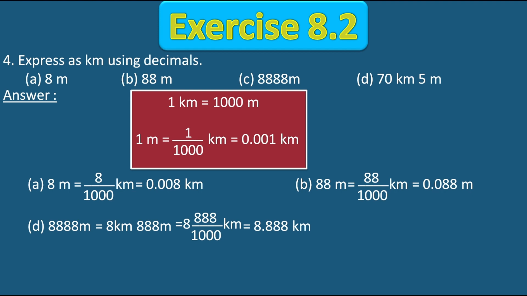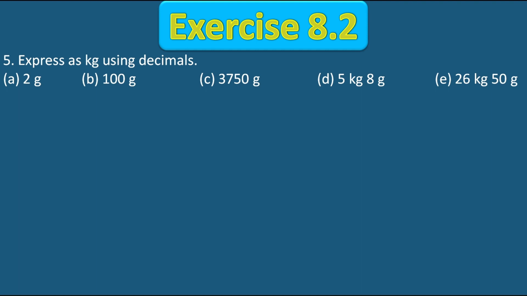Next we have 70 kilometer 5 meter. Already 70 is in kilometer only. We just have to convert this 5 meter. So 70 is the whole number, 5 upon 1000 kilometer, which is equal to 70.005 kilometer.